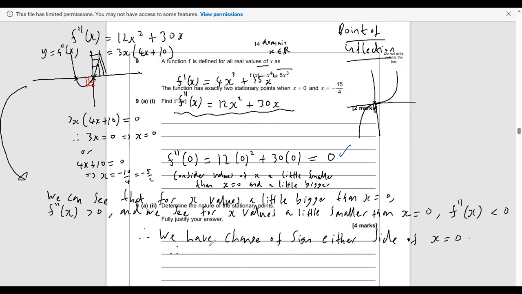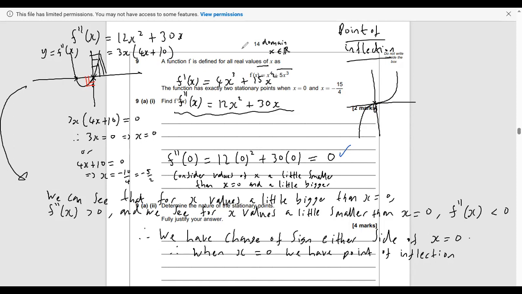So therefore, when x equals 0, we have a point of inflection.